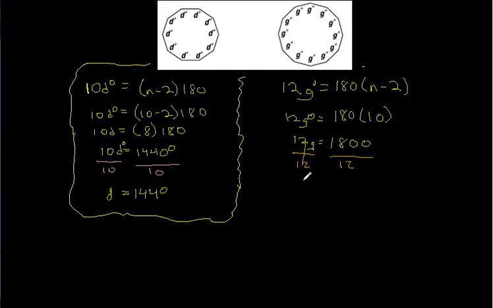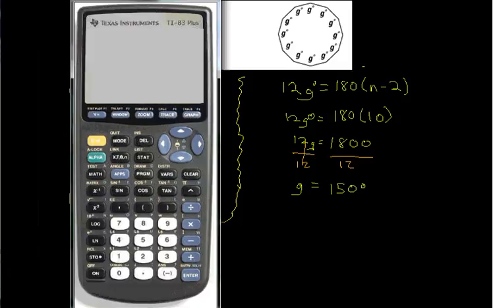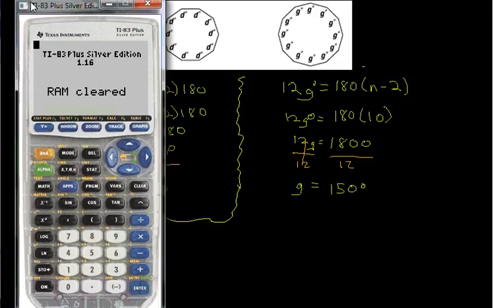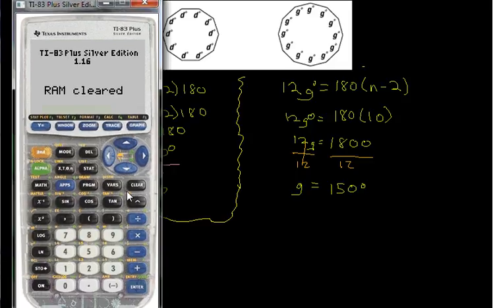I believe 1800 divided by 12 should be 150, and let's verify it on the calculator. 1800 divided by 12. Yeah, 150 degrees.